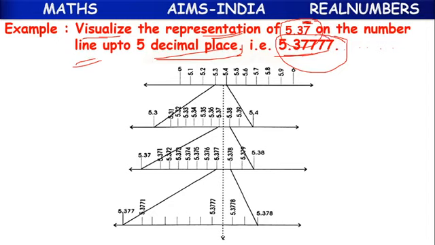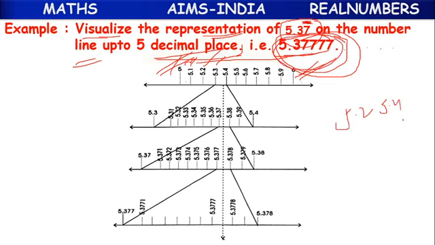First, this decimal number is located between 5 and 6. We take 5 and 6 on the number line, and this part is divided into 10 equal parts. Each part is considered as 5.1, 5.2, 5.3 like that. But here it is 5.377, so it is between 5.3 and 5.4.